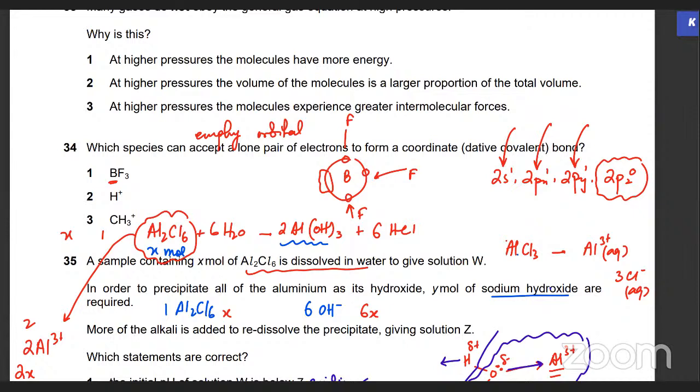So it can get a lone pair from somewhere. Same goes for H+. H+ has a completely empty shell, so it can attract 2 electrons from some other atom. So that can also form a dative bond. And the same goes for CH3+. C has 4 electrons in its outer shell.